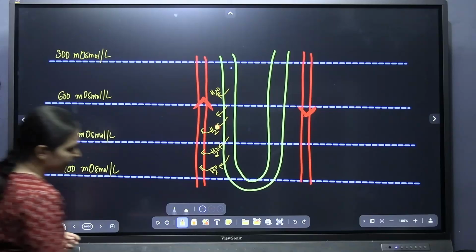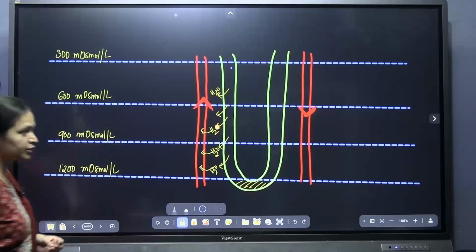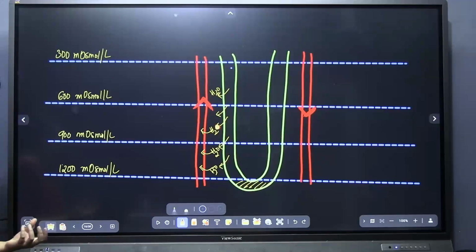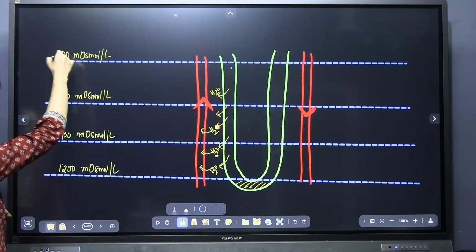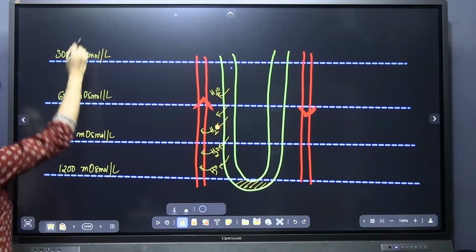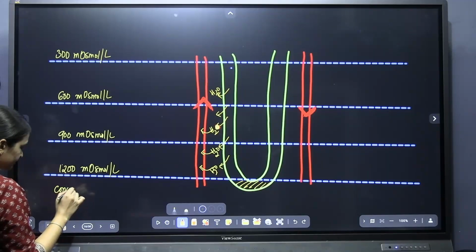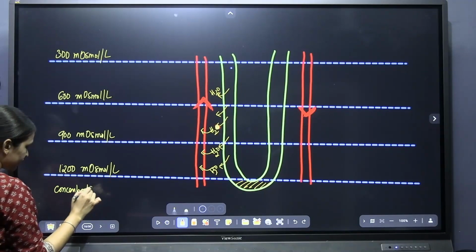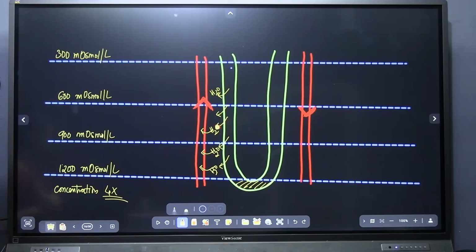So at the end of this particular part of the loop of Henle, there will be maximum concentration of urine. Previously it was 300, into 4 is 1200, which means the concentration became around 4x.